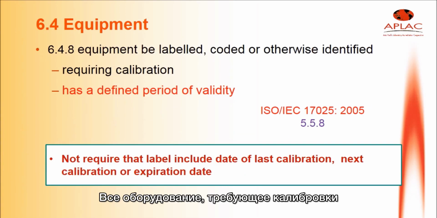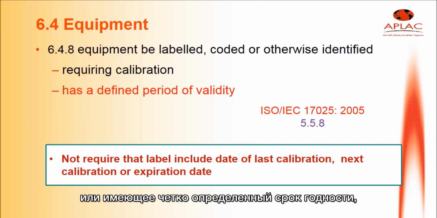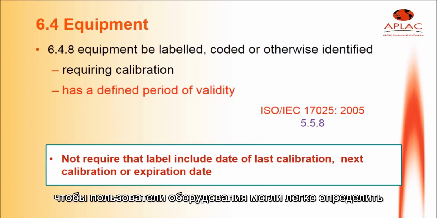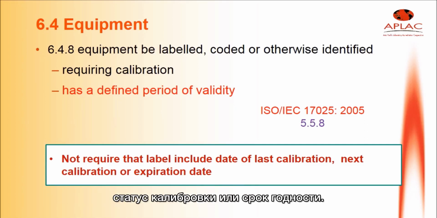All equipment requiring calibration or which has a defined period of validity should be labeled, coded, or otherwise identified to allow the users of the equipment to readily identify the status of a calibration or period of validity.